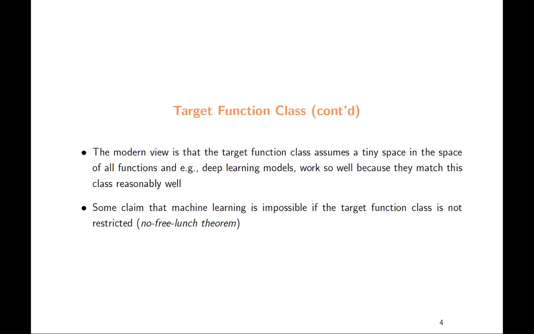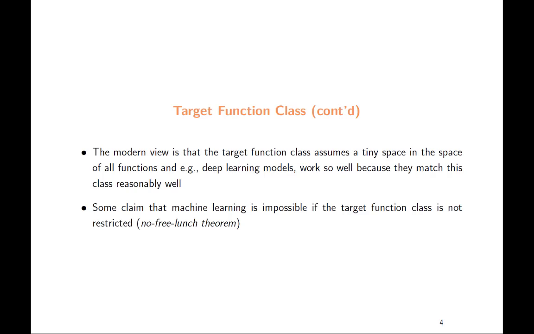The modern view is that the target function class assumes a tiny space of all functions. For example, deep learning models work so well because they match this class reasonably well. Some people work on this assumption and develop theories here. Some claim that machine learning is impossible if the target function class is not restricted in some way.